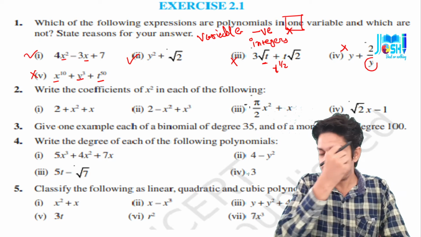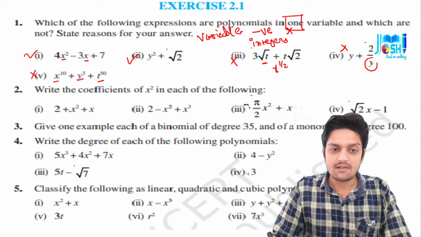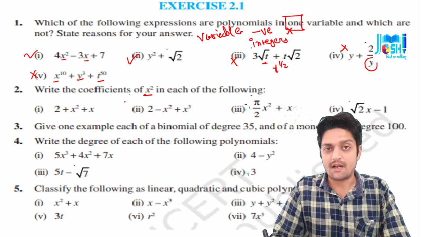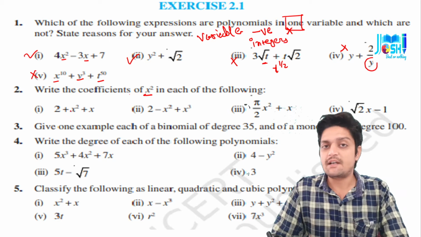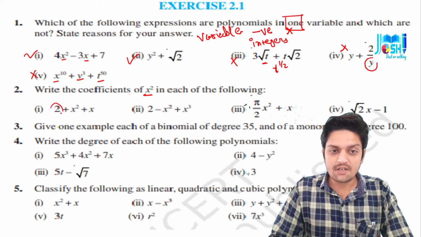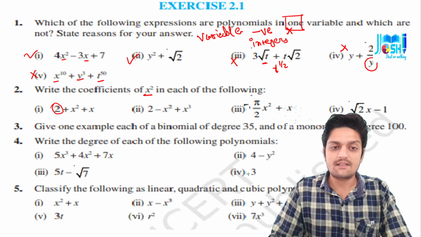Now see, the second question, where we have to write coefficients. Sorry, the coefficient of x square only we have to write. As we have discussed in our regular lecture, a constant number is called the coefficient. So here 2 is the coefficient. Here nothing is given.